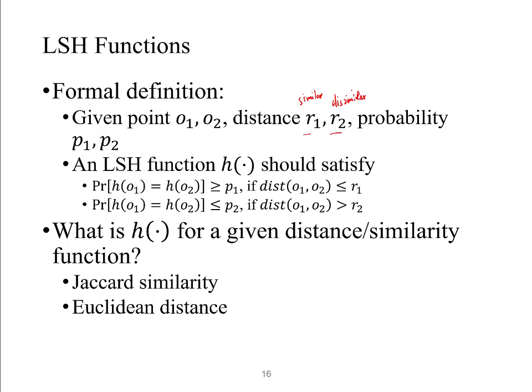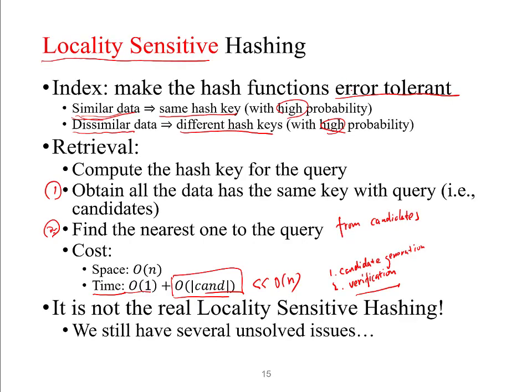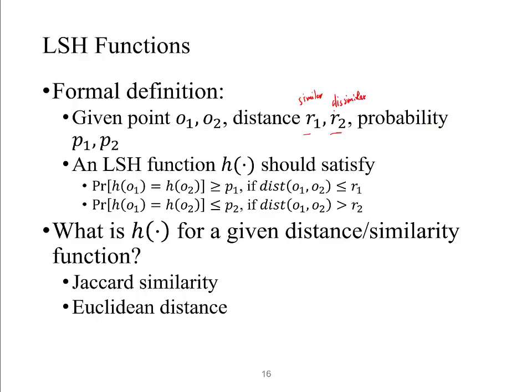Now, an LSH function should satisfy, first of all, similar data should have the same hash key with high probability.